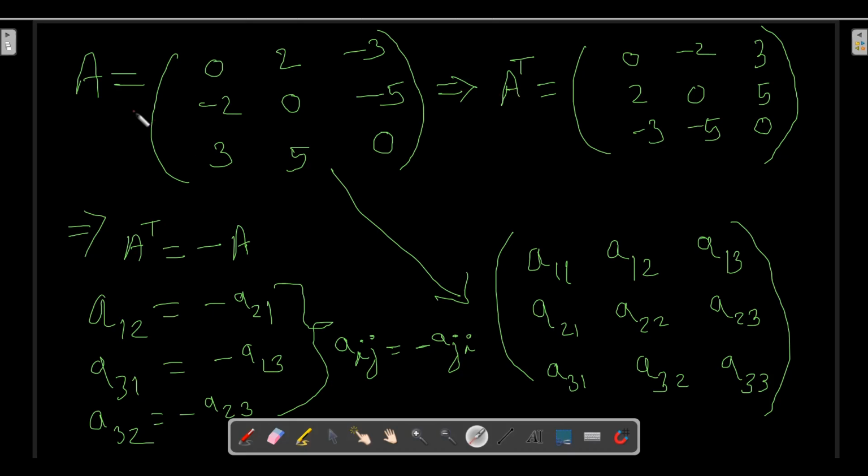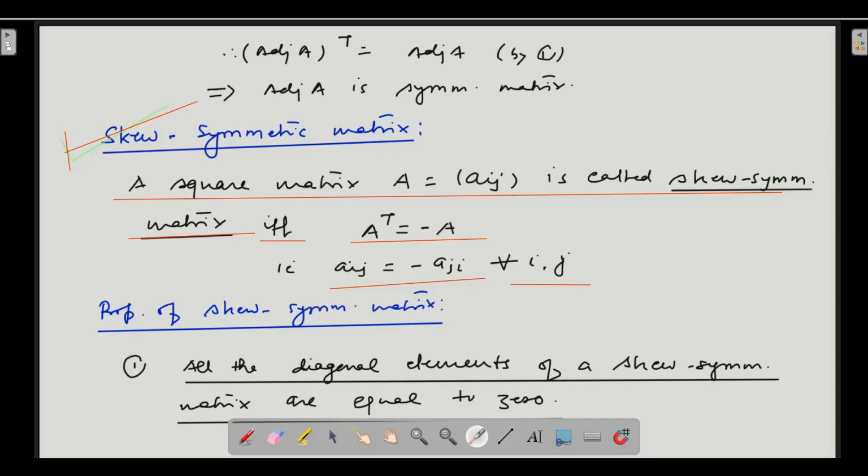So clearly, the transpose is coming out to be equal to minus A, which satisfies the skew symmetric matrix definition.